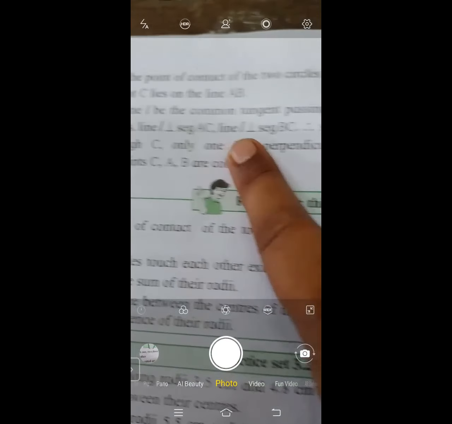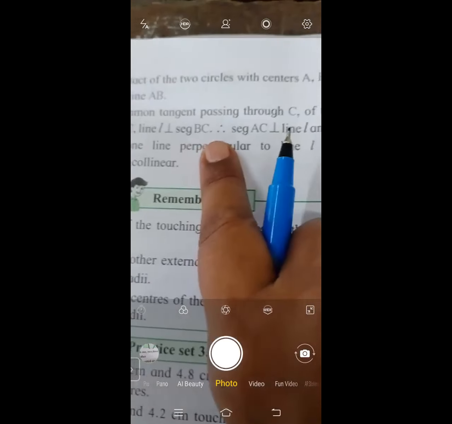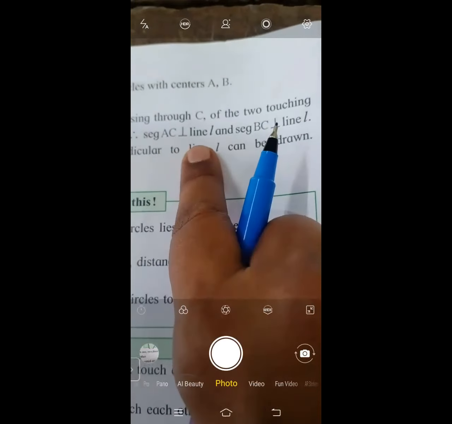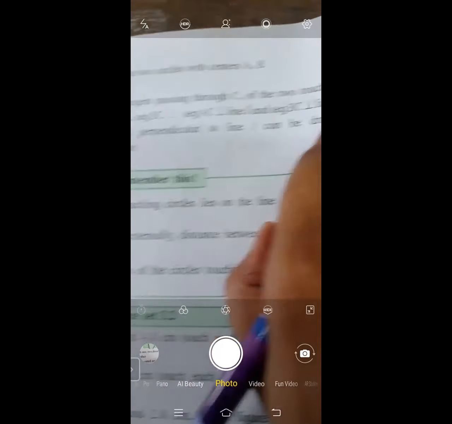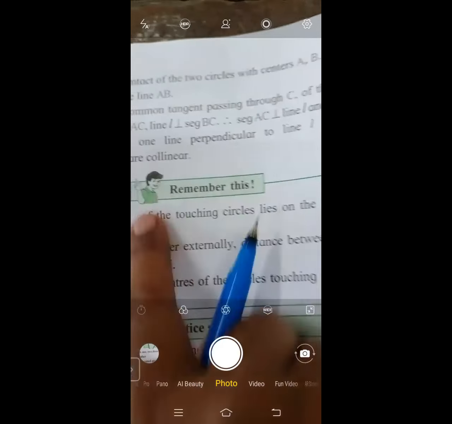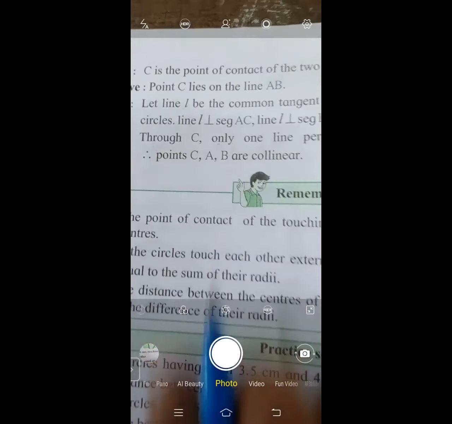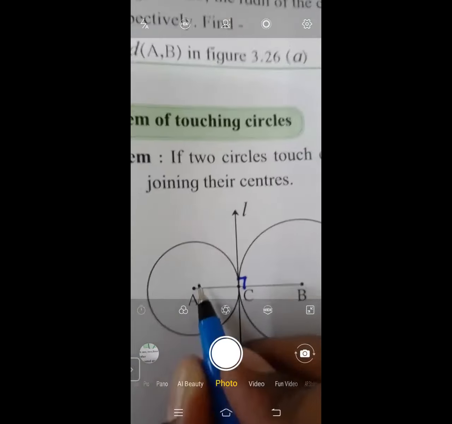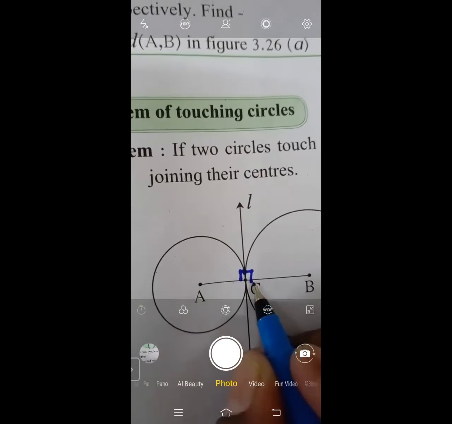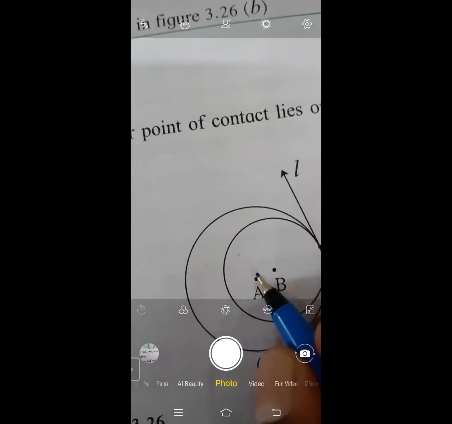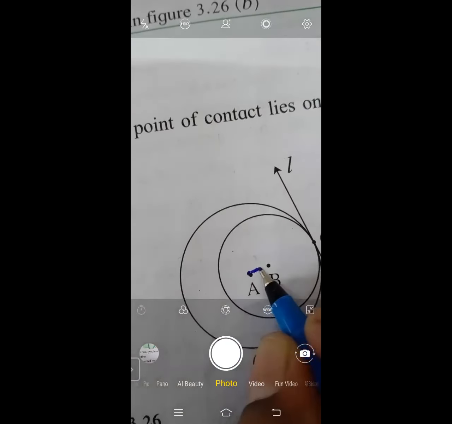Line L is perpendicular to line AC and line L is perpendicular to line BC. Segment AC is perpendicular to line L and segment BC is perpendicular to line L. So the two radii are perpendicular to the line L. This is AC from this side, which is also perpendicular to line L, and this is BC from this side, which is also perpendicular to line L. If you join these two points like this, you will see that they are perpendicular to line L for both the circles.